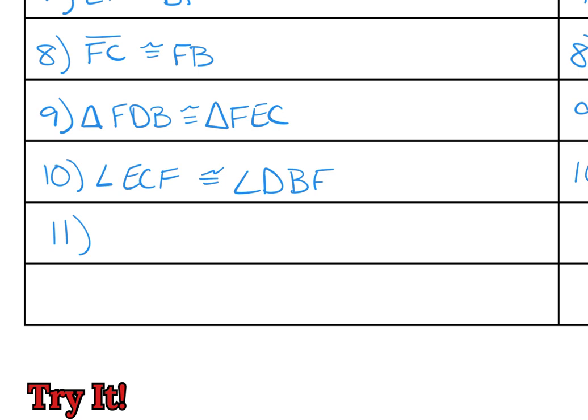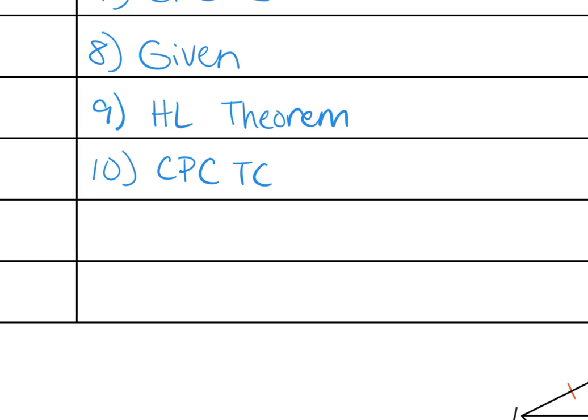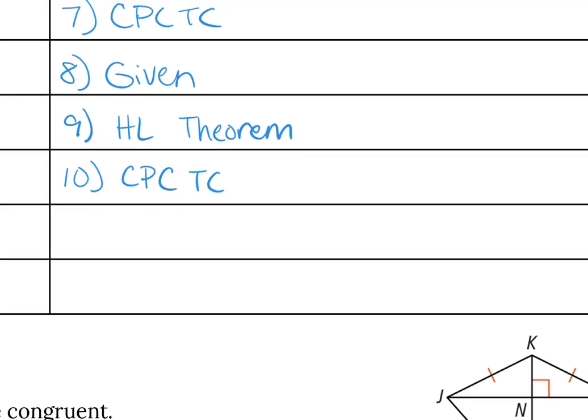I want to prove that AC is congruent to AB. And I can do that through the converse of isosceles triangle.